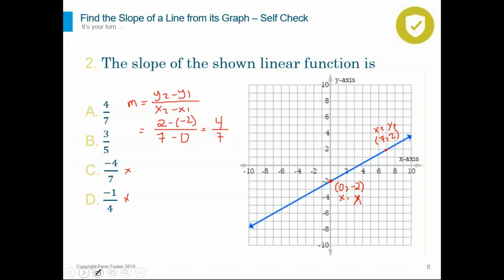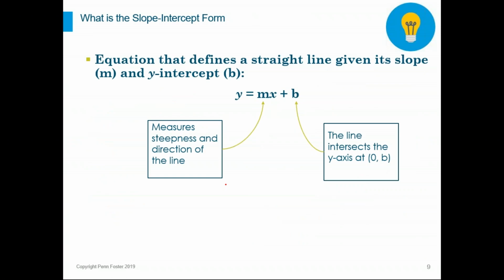Okay, let's then go to the equation itself. So this webinar was all about the slope-intercept form of a linear equation, but we had to go through the slope and know a little bit about the y-intercept point because really the equation is all about that.